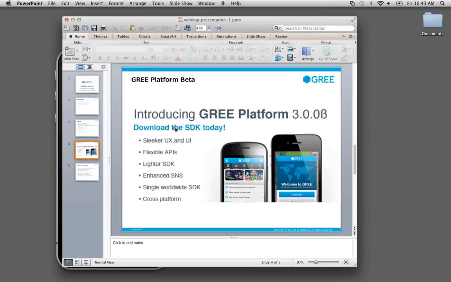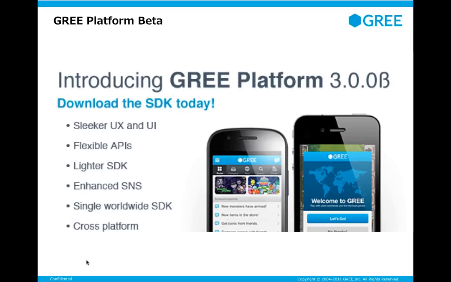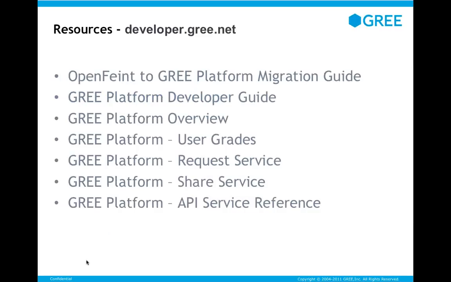Okay, and it looks like that is the end of our questions here. So, as I mentioned, we've talked about a number of different resources. Many of these are available on the GREE Developer Center, including the OpenFeint to GREE Platform Migration Guide, which covers a lot of this information that we've discussed in the webinar, as well as some other really great guides and documents.